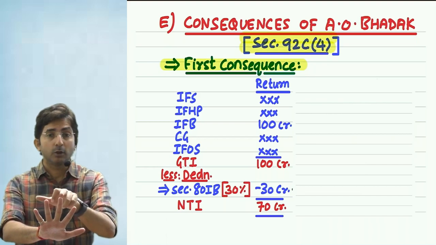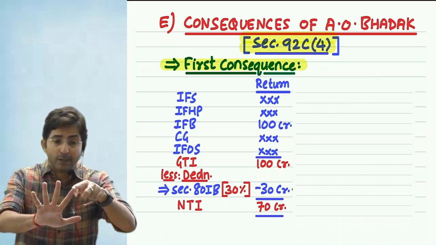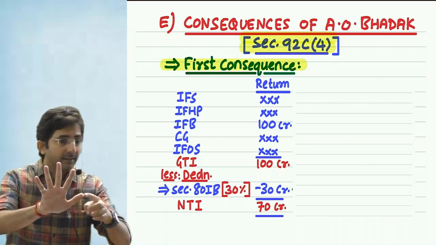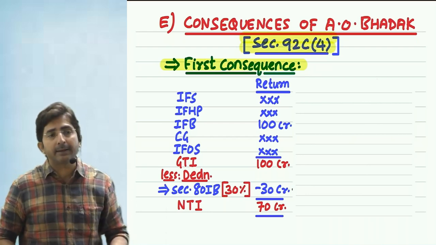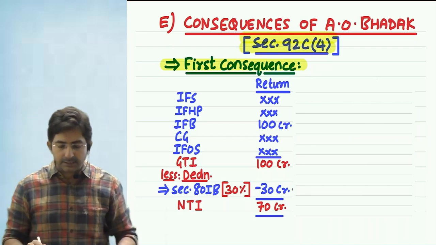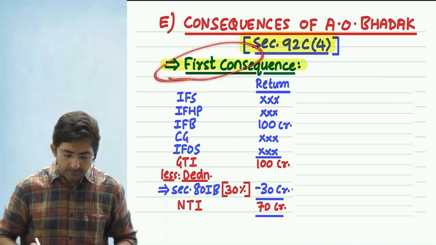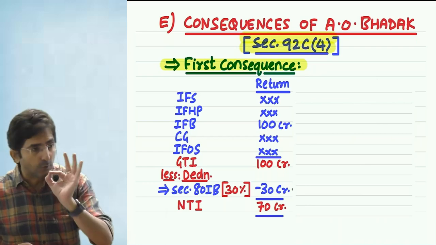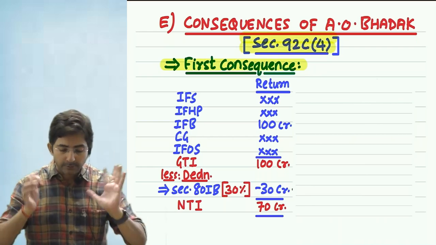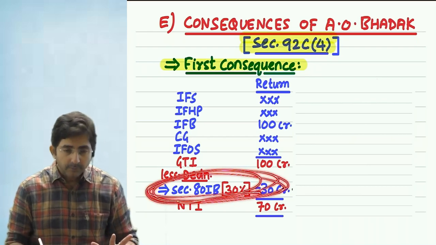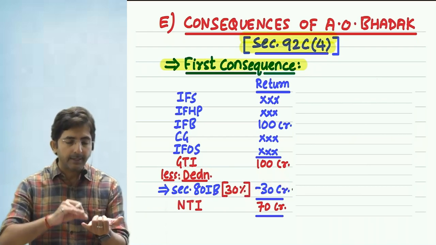That average theory we also did. After that, the AO getting angry was D. Then what is E? Consequence of the AO getting angry, and for that the section is 92C4. Okay, now see, the first consequence. To understand the first consequence, you should have some brief idea about what is ATIA, IB.